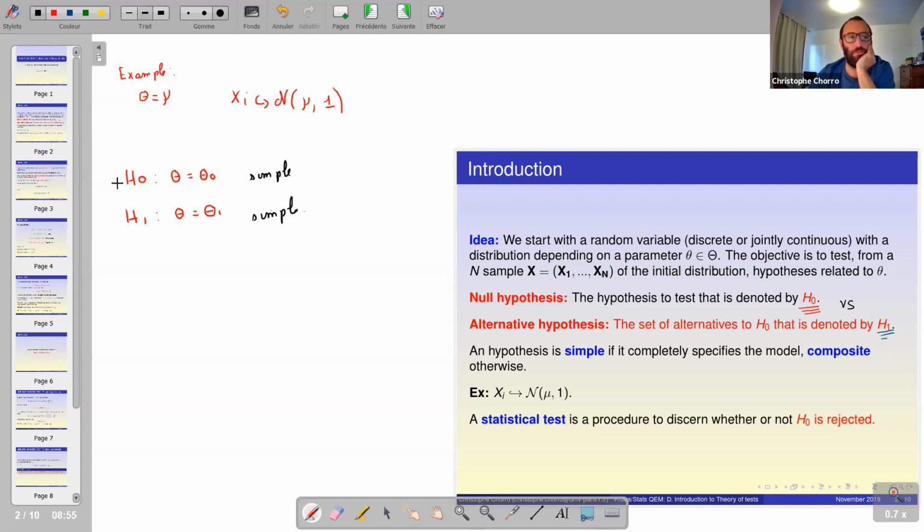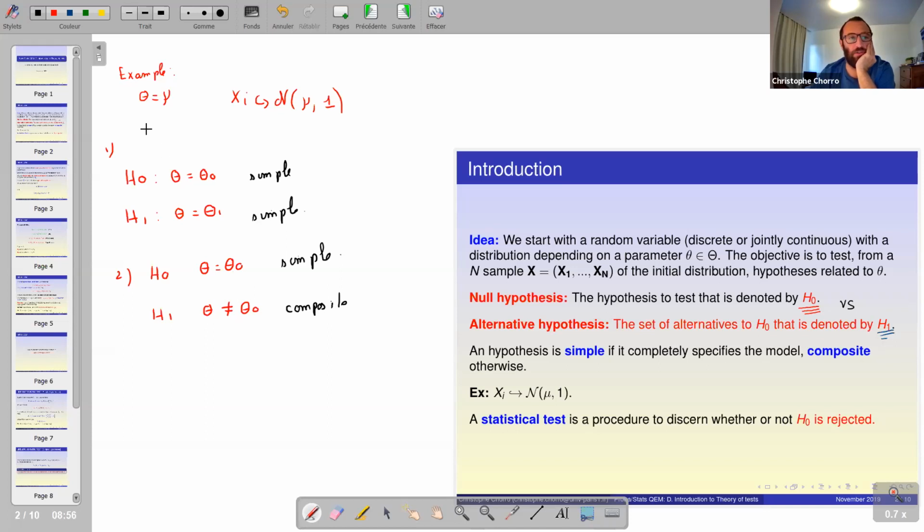So another example, maybe this one. I can test, once again, if theta is equal to theta 0 against, in fact, here, not theta equal to another value, but just theta different from theta 0, okay? So here you have a hypothesis that is simple. And here you have a hypothesis that is a composite hypothesis because the only thing you know is that theta is not theta 0, something that is not sufficient to know the particular value of your parameter theta, okay?